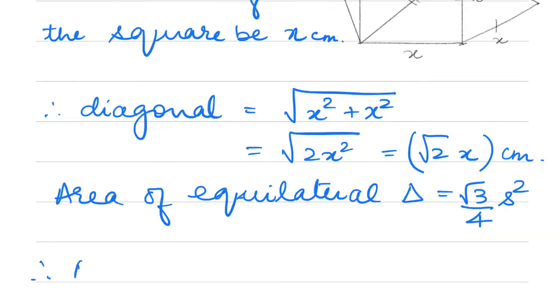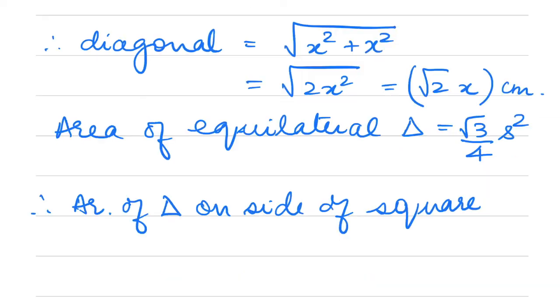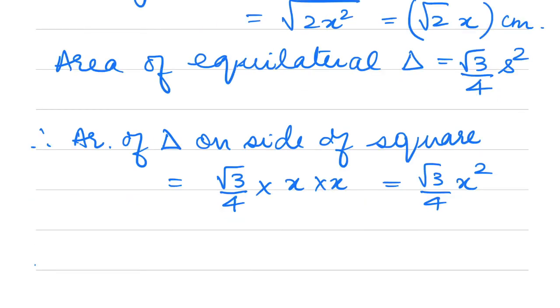Therefore, area of triangle on side of square is equal to root 3 by 4, and we have side as x into x, so we have root 3 by 4 x square.